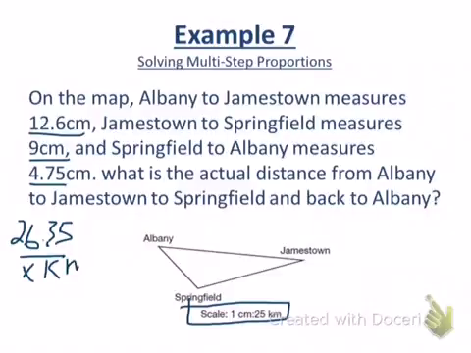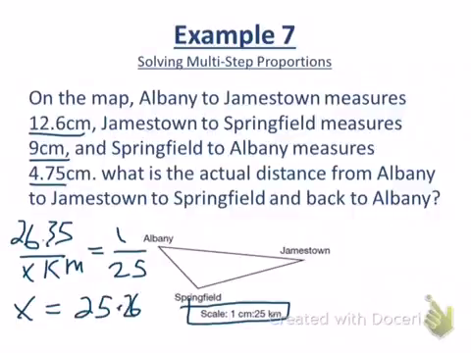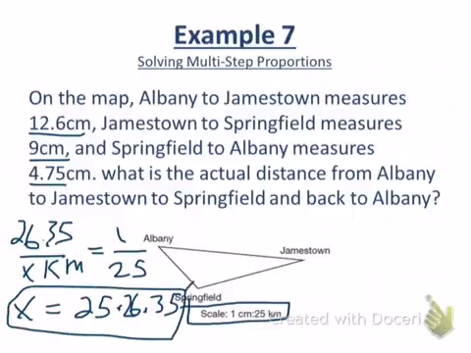26.35 is x kilometers. And the ratio here is 1 to 25. Cross multiply 25 times 26.35. And that's something that we might want to use a calculator to do. 25 times 26.35 is going to give us our total distance in kilometers.